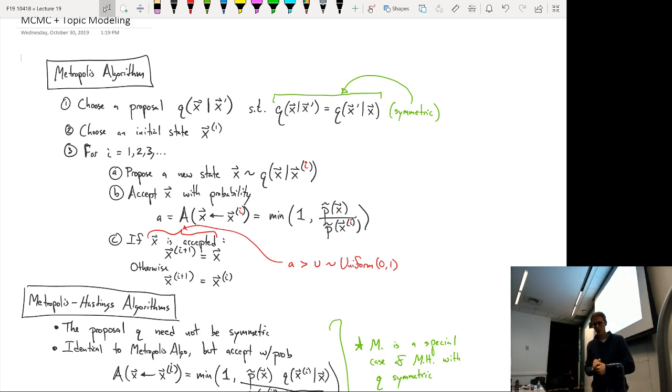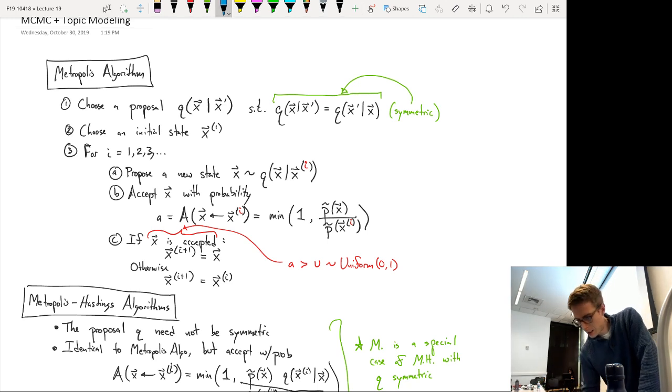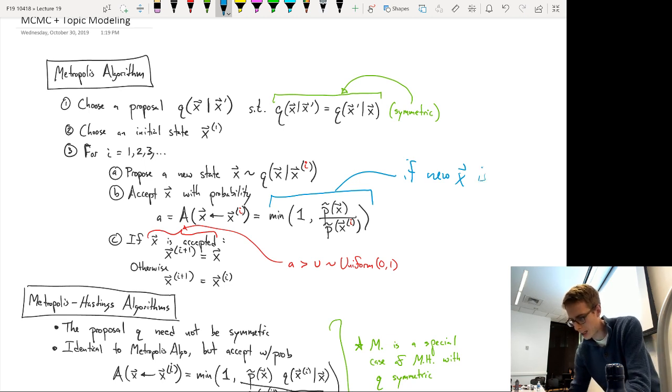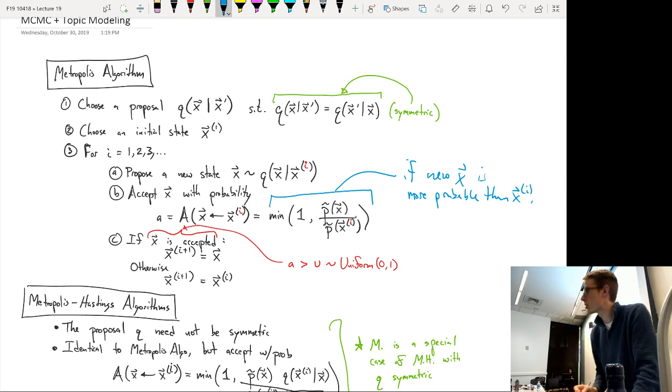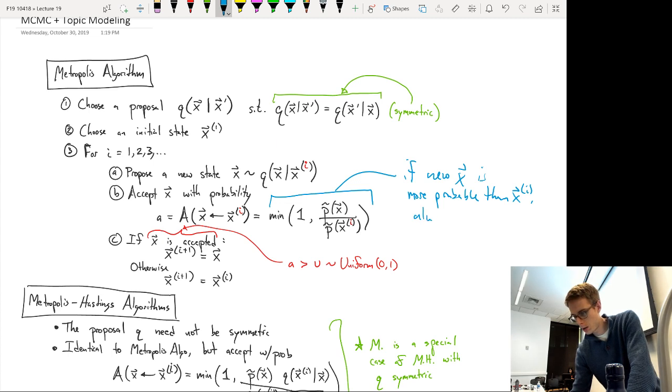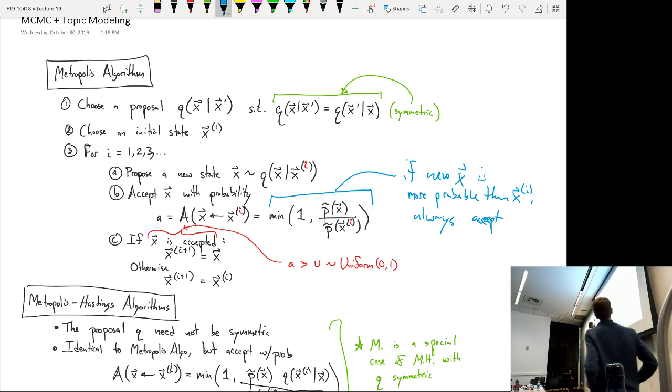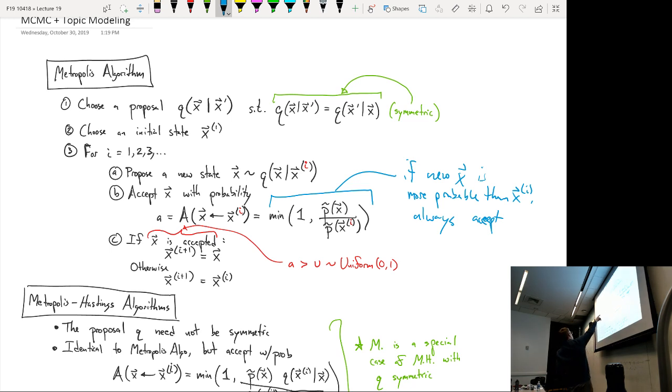Namely, if the new state X is more probable than our current Xi, we should always accept it. But if it's not more probable, then we need to look at the ratio of the probabilities, and we're only going to accept it with some fractional probability.